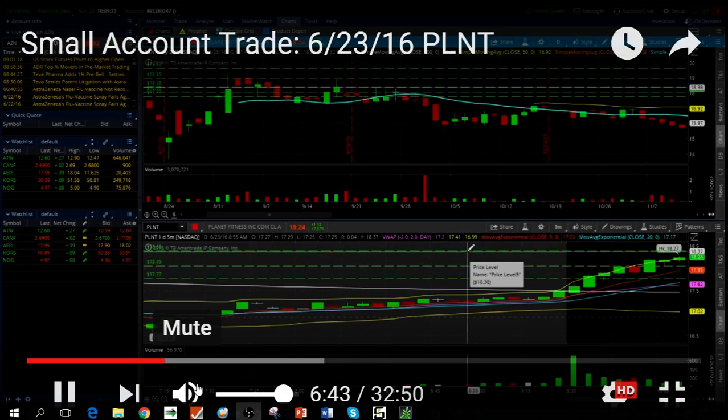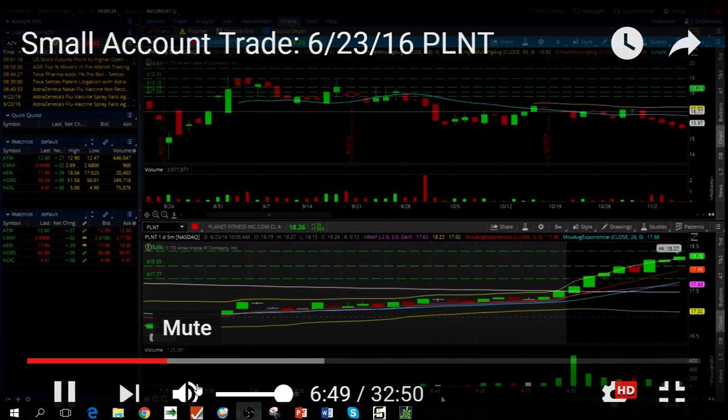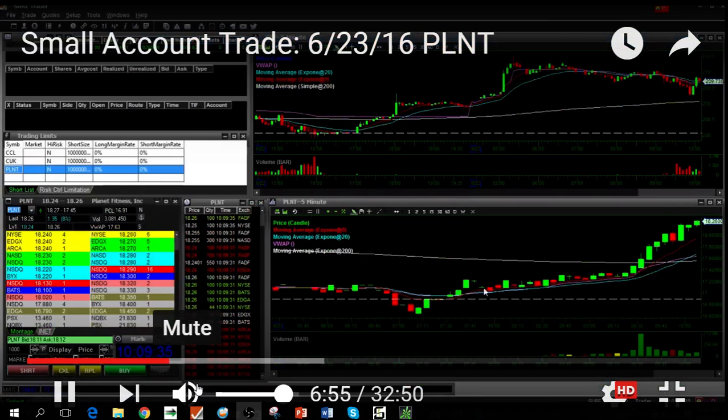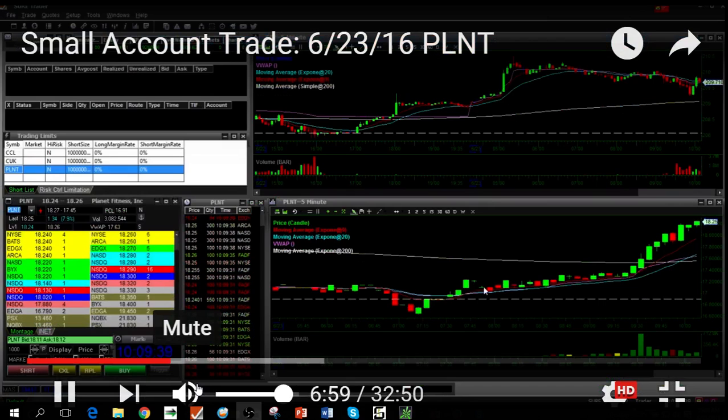The other thing that I'm looking at is how far away from that level the 9 moving average is, because most of these reversal trades will reverse when they come back. They'll come back and tap the 9 moving average and start moving back up.